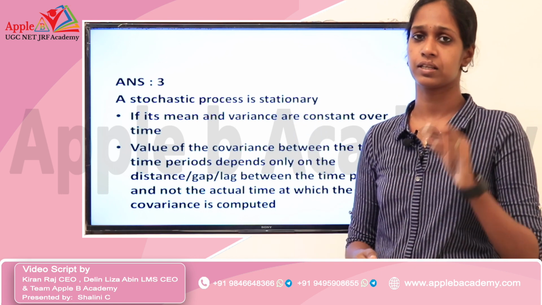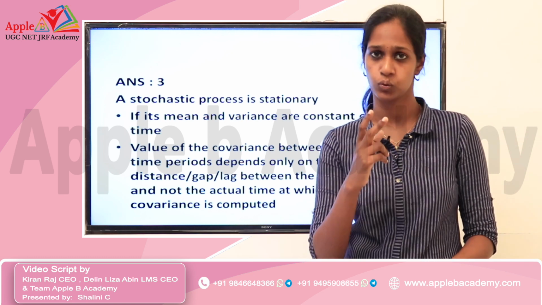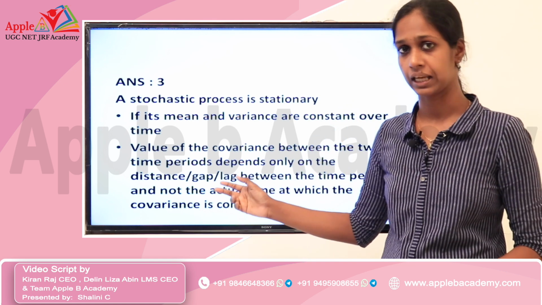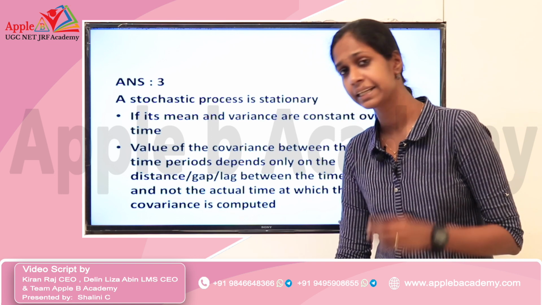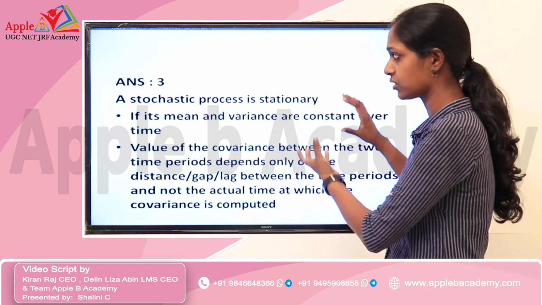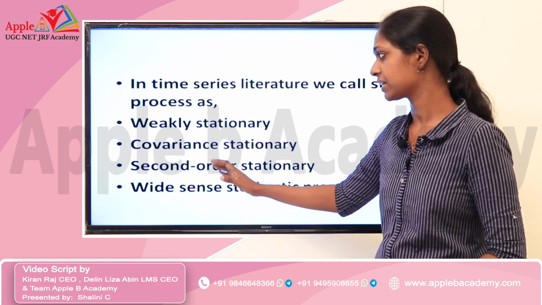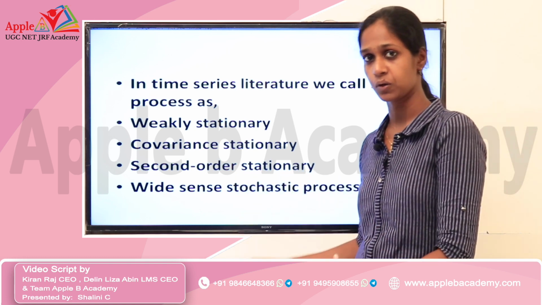So, basically for a stochastic process to be stationary, there are 2 conditions: its mean and variance are constant over time, and the covariance has this condition. Now, in time series literature, a stochastic process that satisfies these 2 conditions is called weakly stationary, or covariance stationary, or second order stationary, or a wide sense stochastic process.